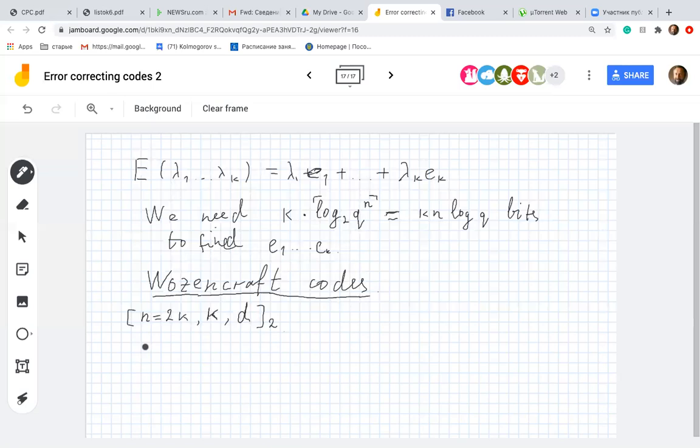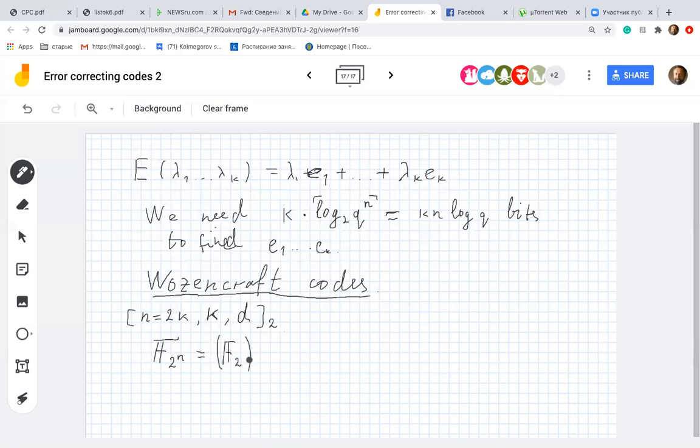So what are those codes? The idea is the following. Consider the field of 2 to the n elements. 2 to the n is a power of a prime because 2 is prime. So there is certainly such a field, and actually there is a unique such field. And this field may be considered as the linear space of dimension n over the 2-element field.